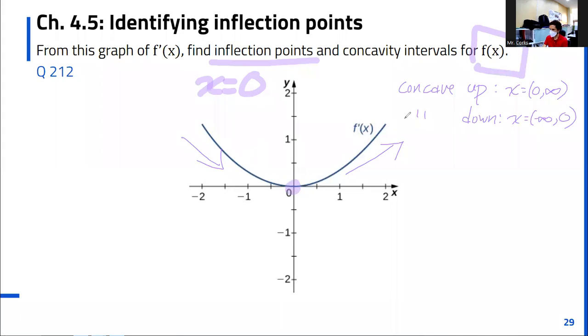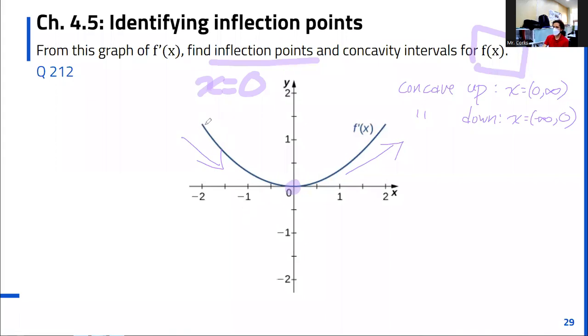Okay, so I know you might be looking at this and saying, well, no, it's concave up the whole time. This isn't the original function. This is the first derivative. A good application again of this would be to take this first derivative, try to work backward and say what the original function would look like. What does the original function look like here? This one is not so bad.